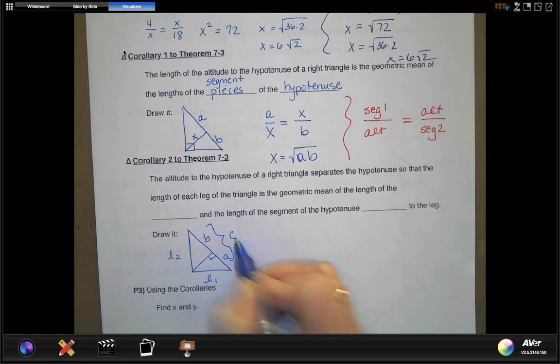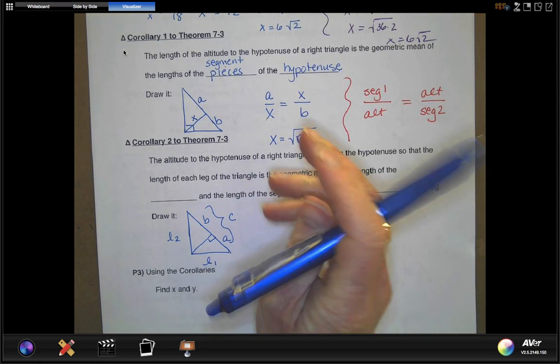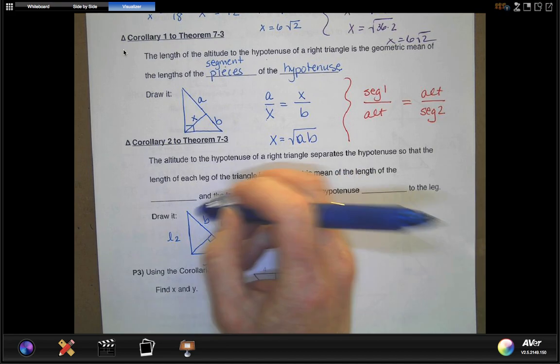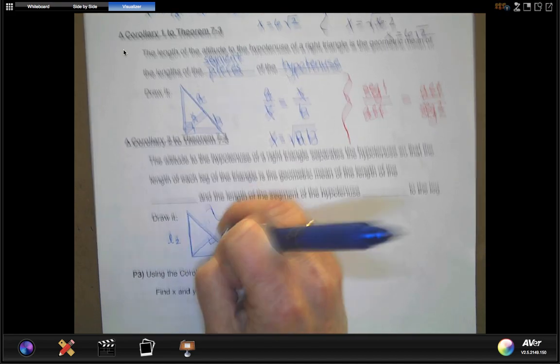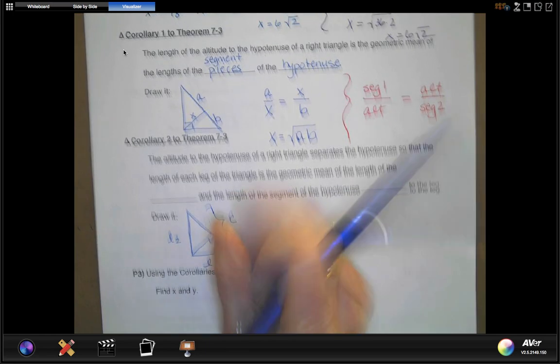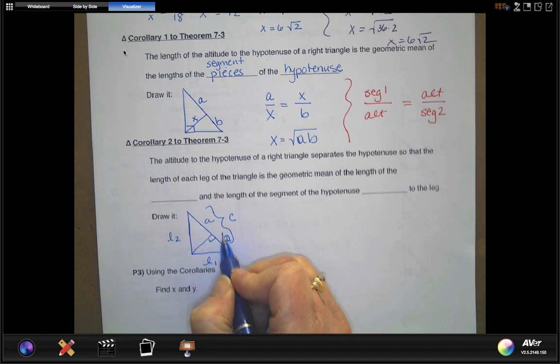Okay. Now I'm going to label the legs, the segments, and then the whole thing is C. If it makes you feel better, let me make it look like the one up above. So A and then B down here. Okay.